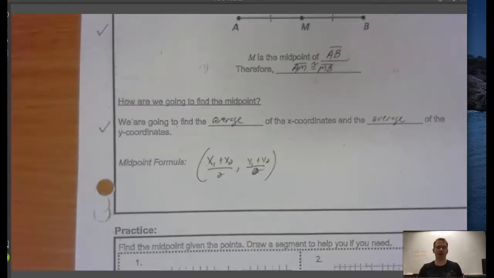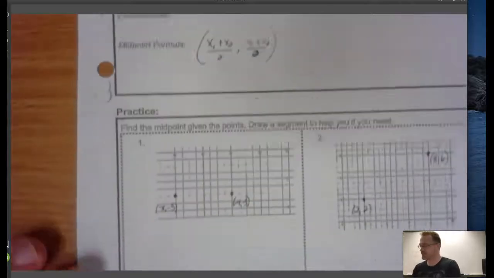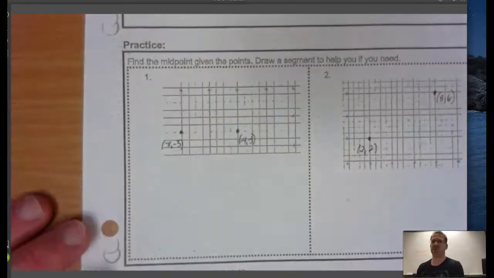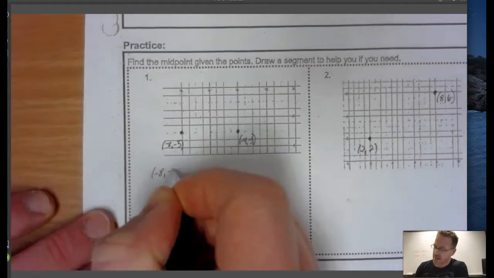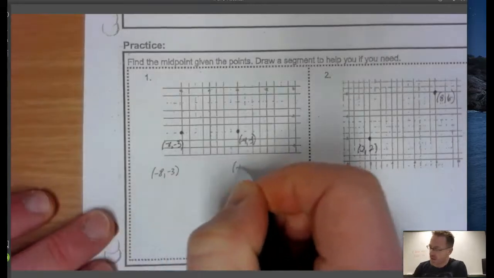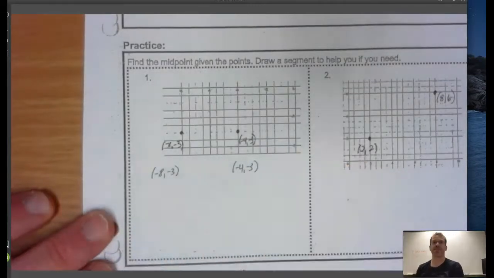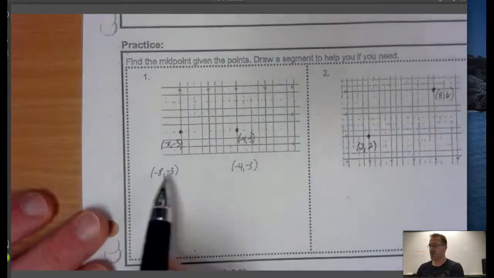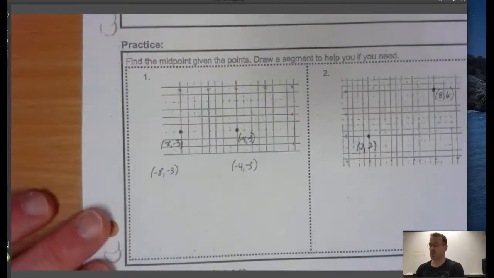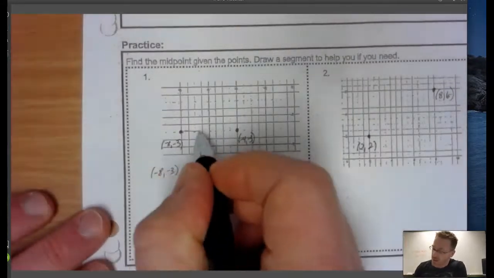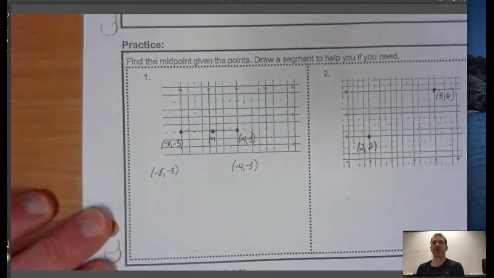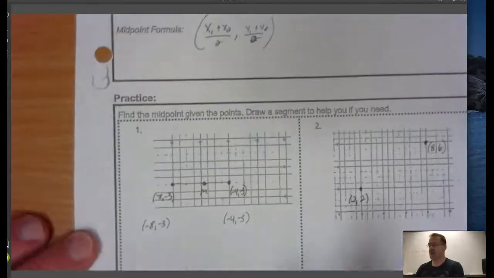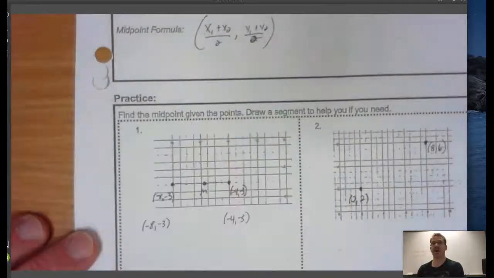What I want to do now is a couple of quick examples. Once again, these pictures did not copy very well. The point here is (-8, -3), and the point here is (-4, -3). I want to find the midpoint here. If I drew my line segment, there has to be some M in the middle. My midpoint formula says add the x's, divide by 2.